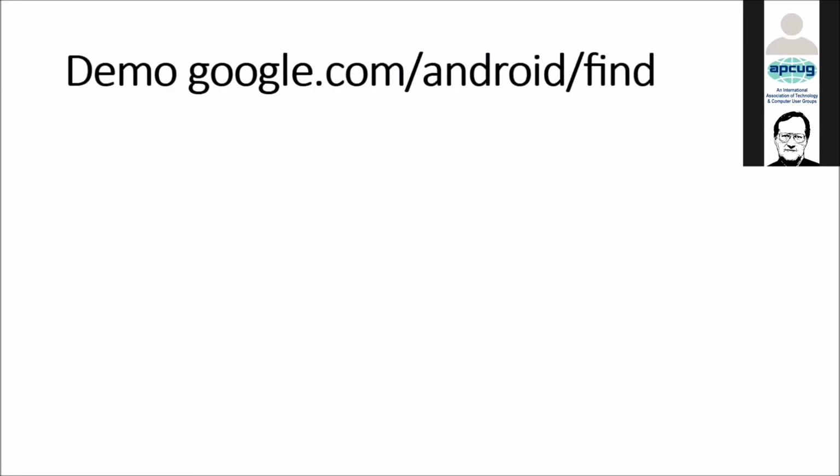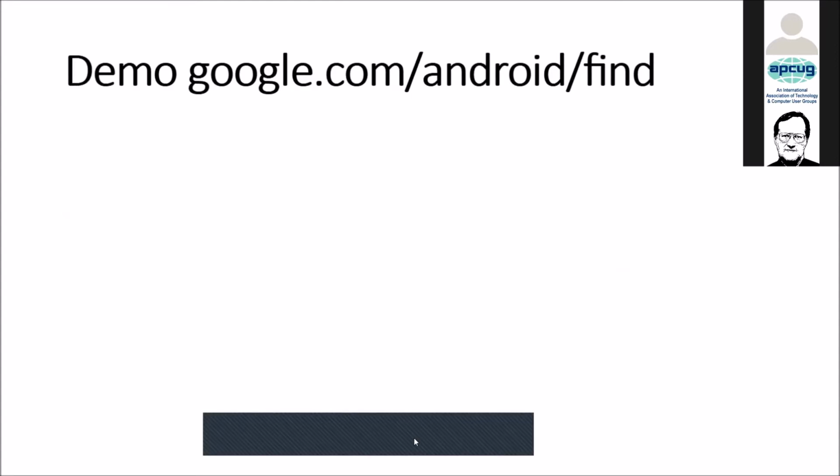Okay, what I'm going to do now is swap into my web browser so that we can actually see an example of this. Let's see here. Show all windows. That's what I need to do.